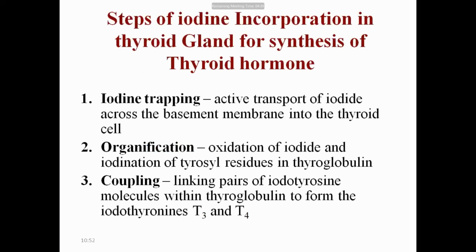So now we'll move on to the steps of iodine incorporation in the thyroid gland for synthesis of thyroid hormone. These are the different steps involved in thyroid hormone synthesis.